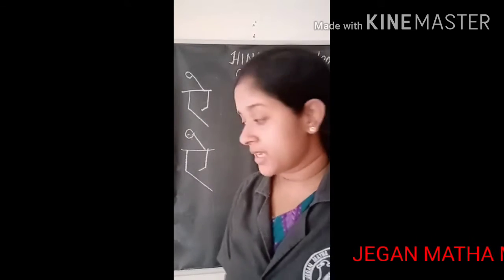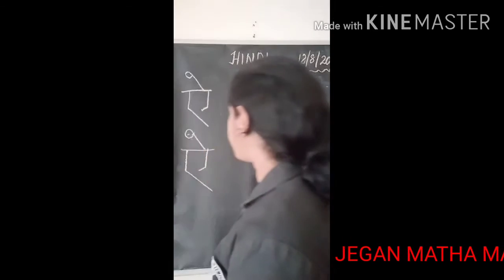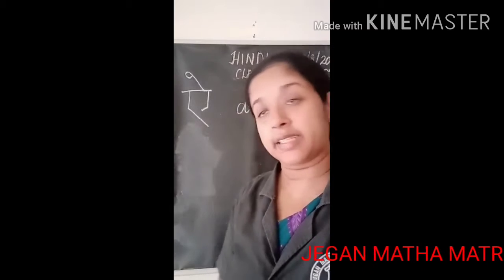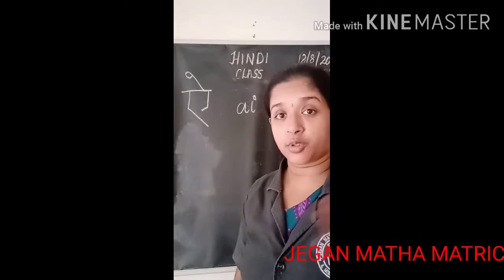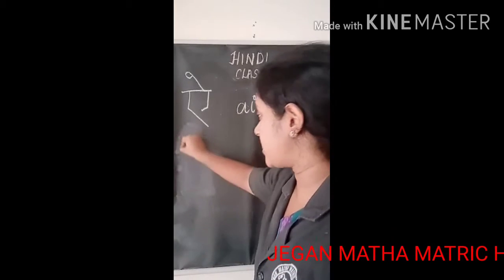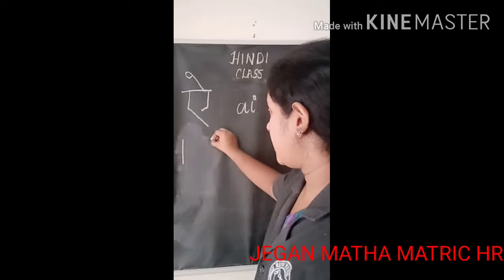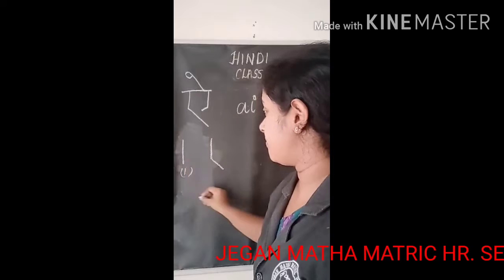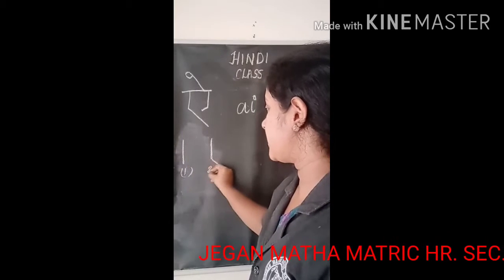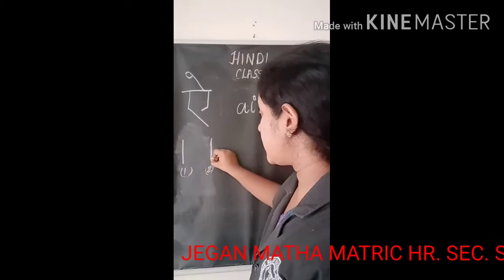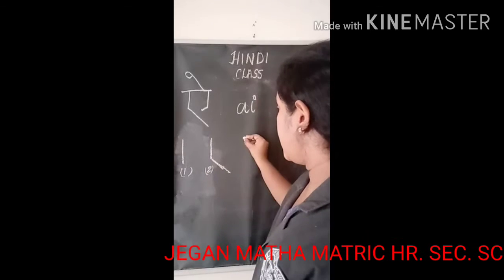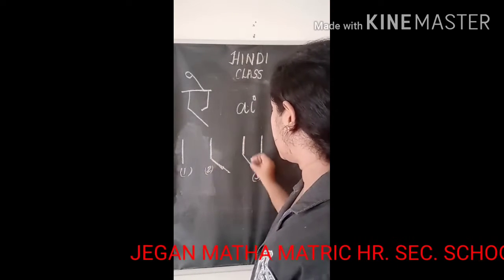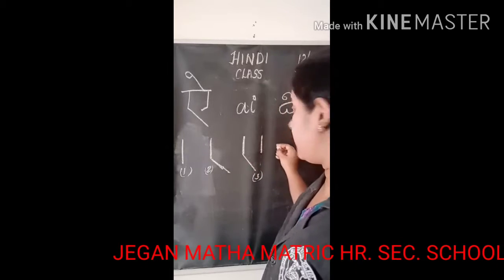Now let's see step by step. To understand it better, let's write in practice. First step, one straight line. Second step, the straight line and then one slanting line. Third step, one extra line is there, right?